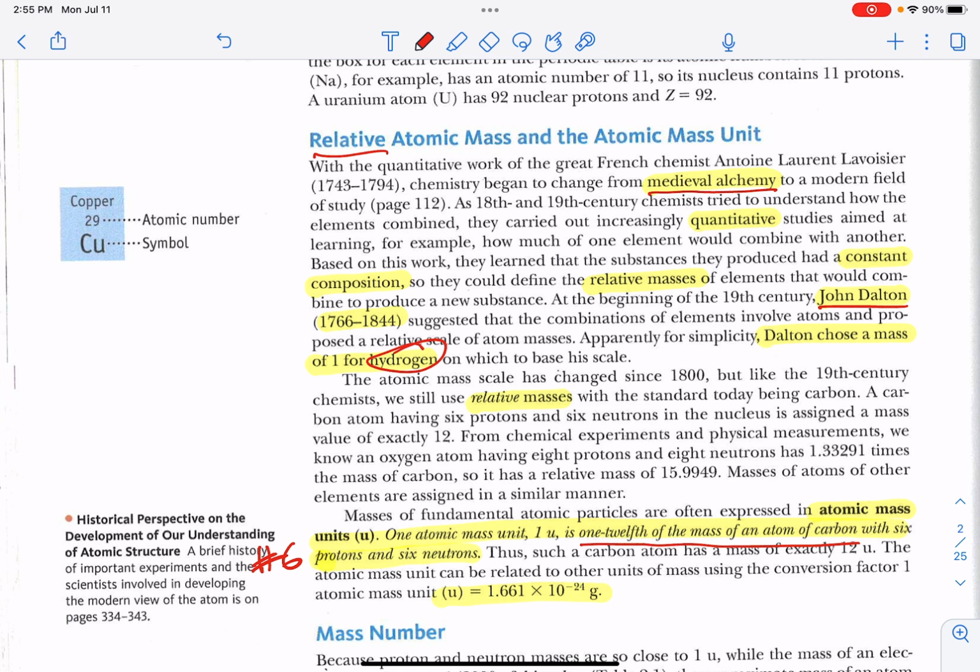Early on, and this is also important to point out, the early studies were very quantitative, whereas before they just looked at qualities, visual cues and ideas, color changes, changes in state like gases and liquids and solids and things like that, whether or not they exploded or dissolved. Quantitative was where we begin to actually take measurements.